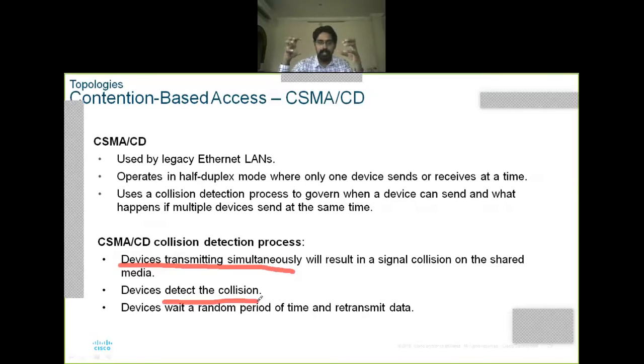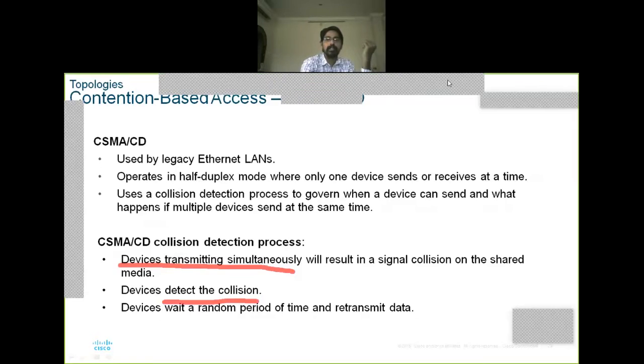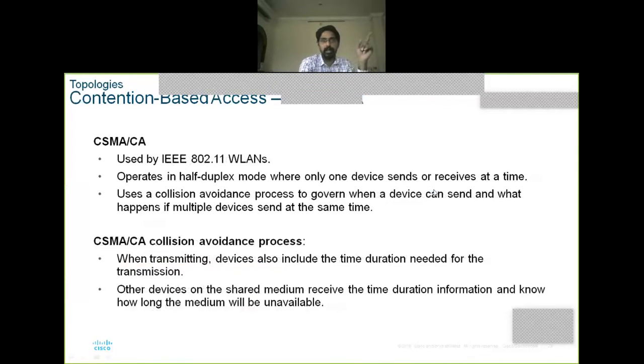If any collision occurs, the devices detect that there is a collision in the network, and the remaining devices in the network get a signal that there is a collision. So the rest of the devices won't transmit any data for a period of time, and the devices which caused the collision also won't retransmit at that point of time. This is called the collision detection process, right? You already learned these concepts in your computer networks.